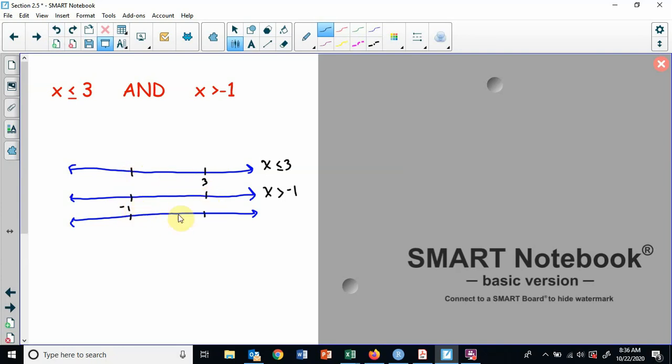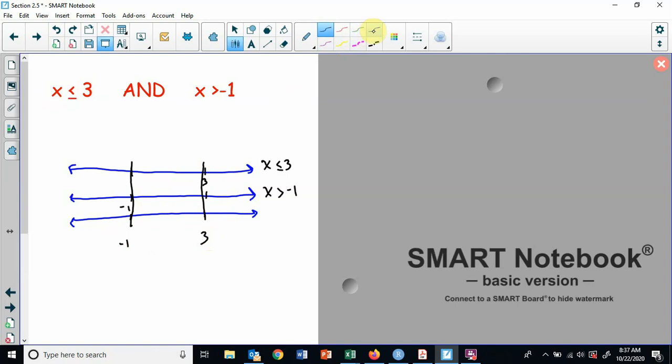So make sure these number lines are lined up where 3's are at all these and negative 1's are at all of these. Usually what we do is just lazily draw one big line through it and put the negative 1 and the 3. Notice you have to be careful and make sure you put these the correct way. I don't want 3 over here if this is the number line, because 3 is not smaller than negative 1. It needs to go on the right side. So I have these in the correct order because these are just number lines.